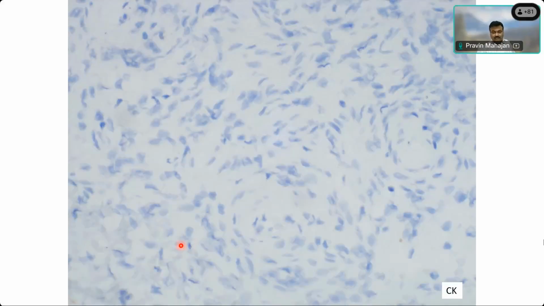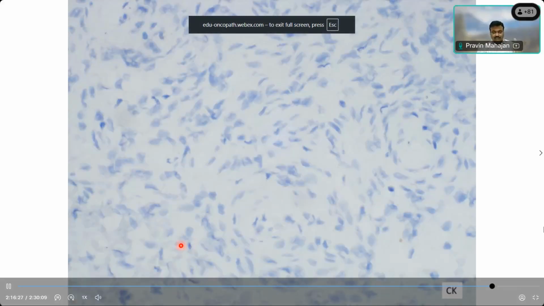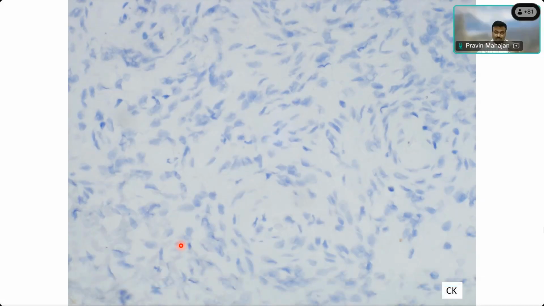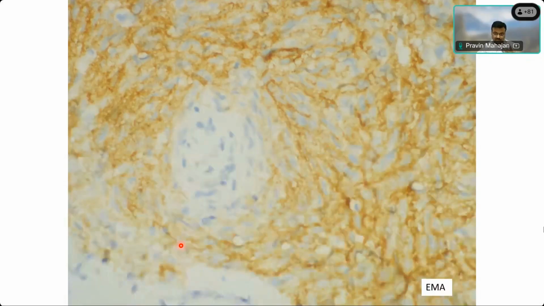So cytokeratin is negative. Cytokeratin may indicate epithelial differentiation, but I told you some stromal tumors or sex cord tumors can also be CK positive in the ovary. But that is also negative. That rules out that possibility. But EMA is positive. Can it be epithelial still with only EMA positivity?